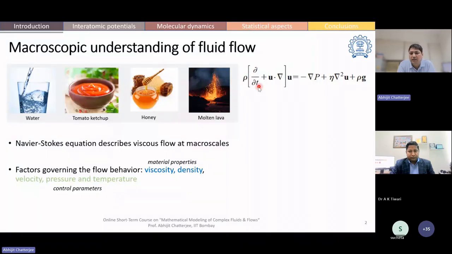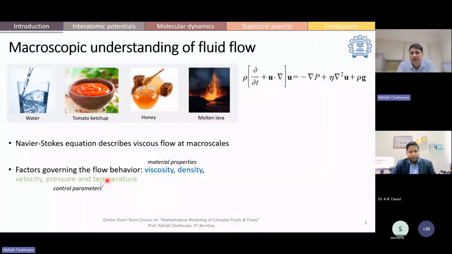And there are other parameters which I'll call control parameters. Those could be velocity flows which we might impose, or pressure gradients, and there can be a temperature which is imposed.